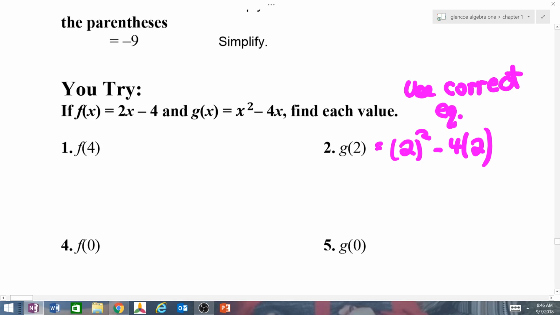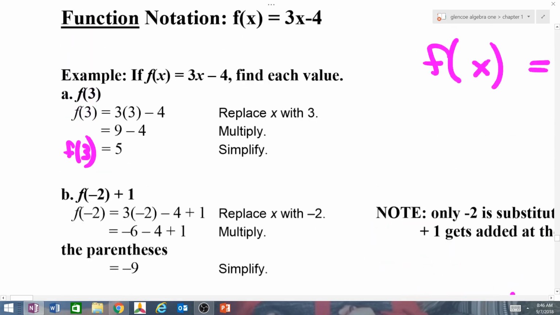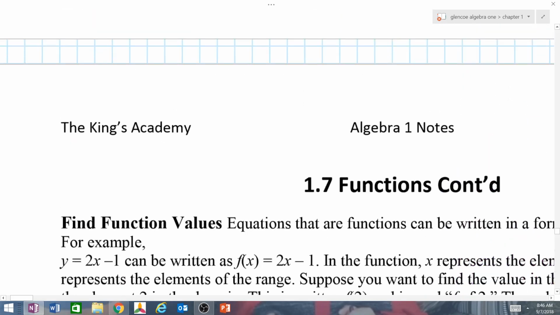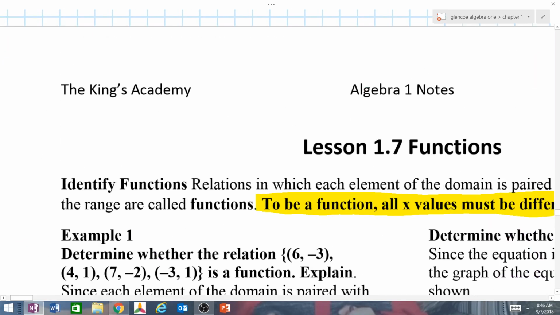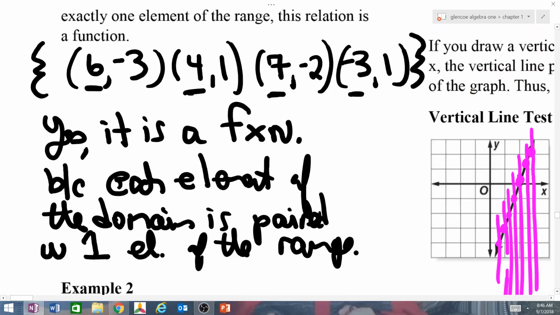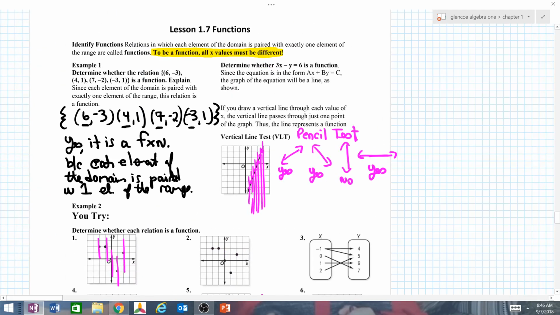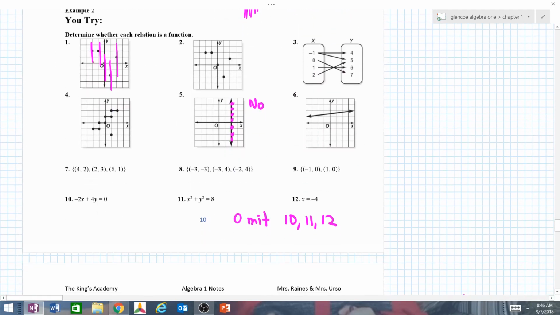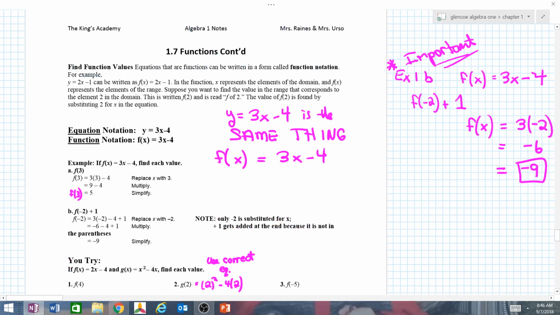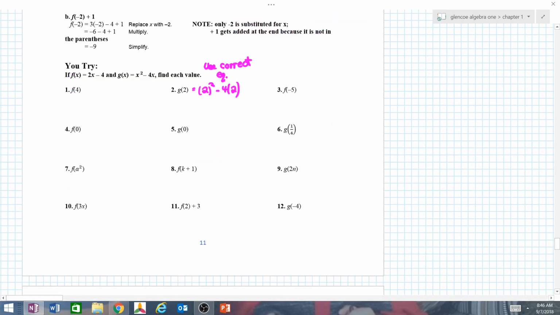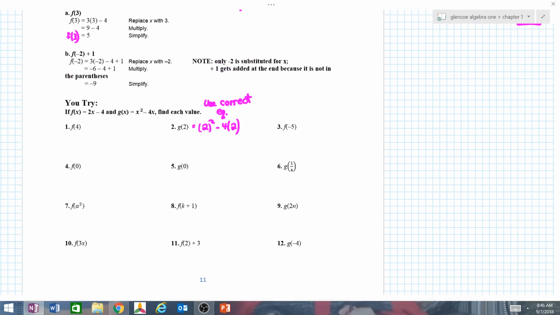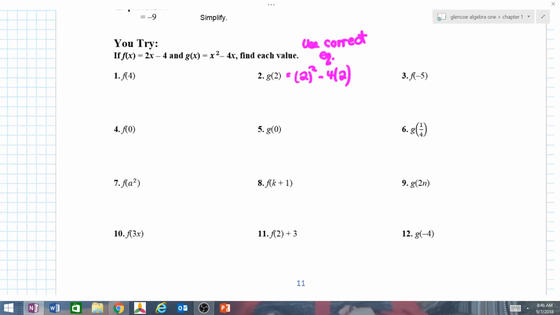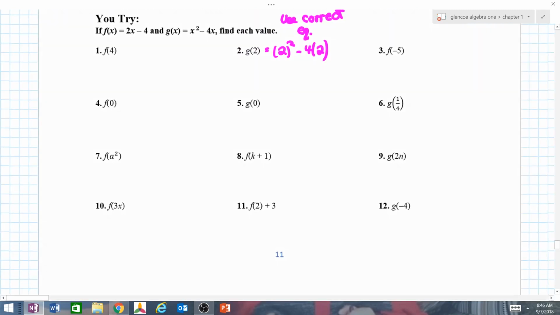Let's reiterate that your homework again is page 10, 1 through 9, and I changed it. I will get to RenWeb and change it when you guys are taking part 2 of your test. And then on page 11, you're doing 1 through 12 all. Again, it's not hard. Let me make your life a little bit easier.